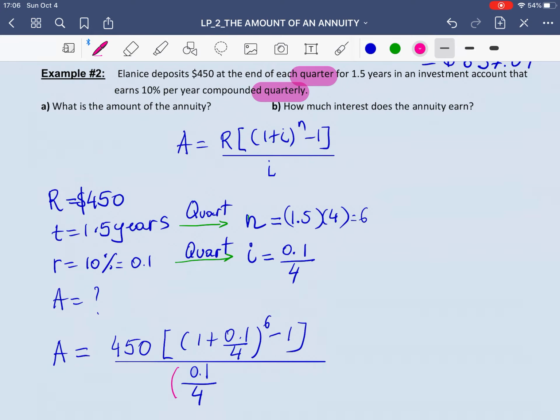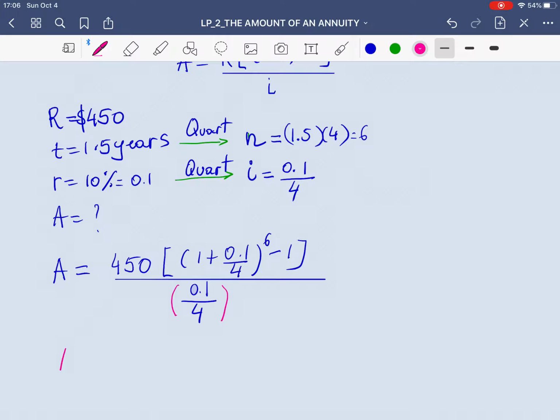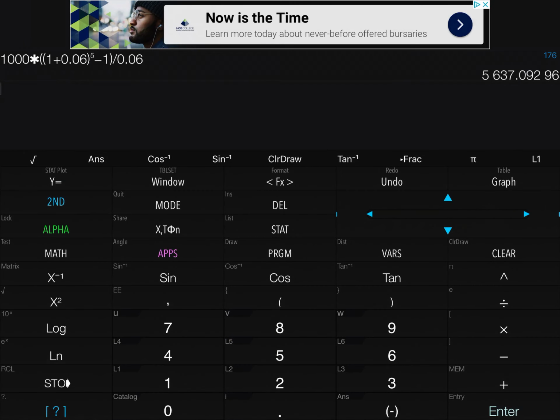So now we are going to use the calculator to find the answer. So amount equals, remember that when the denominator is in fraction form, you've got to keep it in brackets when you type the numbers in the calculator. So here we go. So 450, and then times bracket, 1 plus.